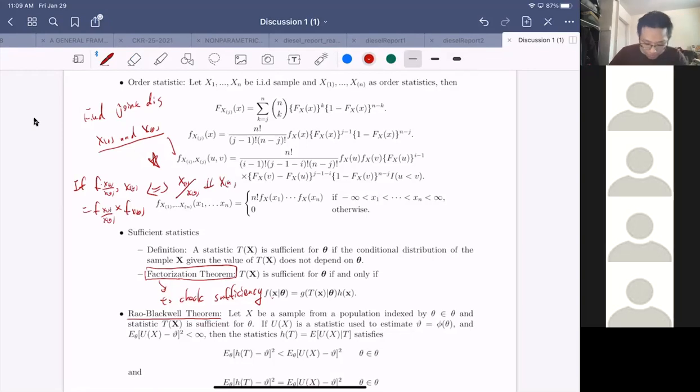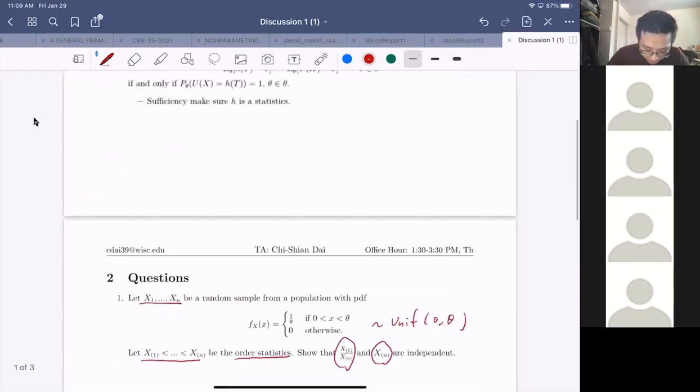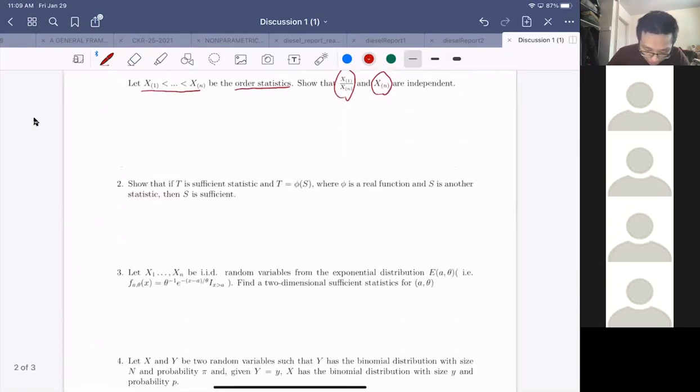Okay. So this is the first question, and the rest of the question is about checking sufficiency.